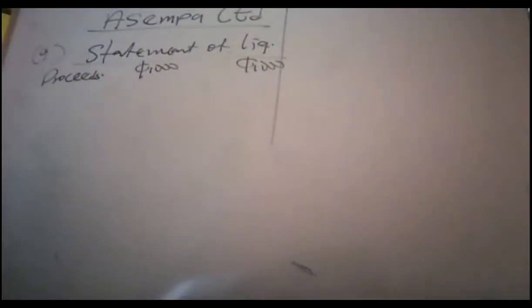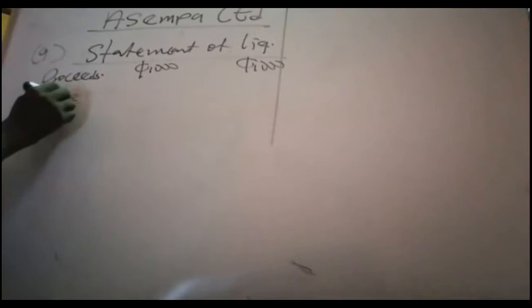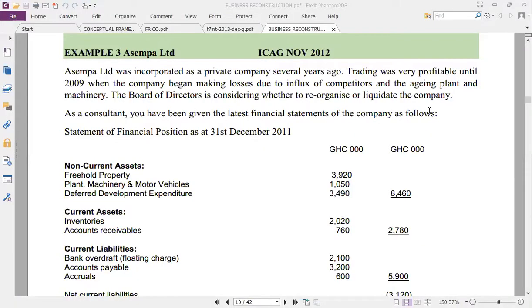Freehold property, first on the list. The next one will be plant, machinery and motor vehicle.